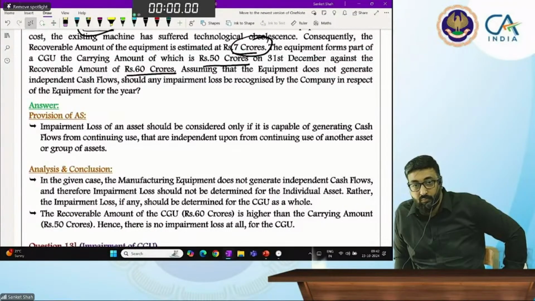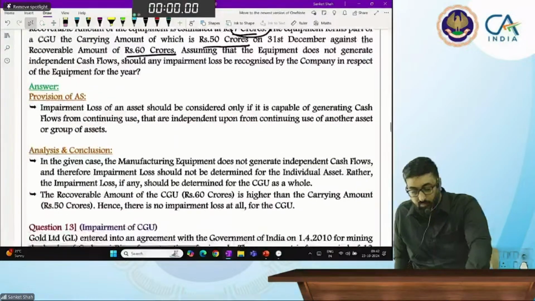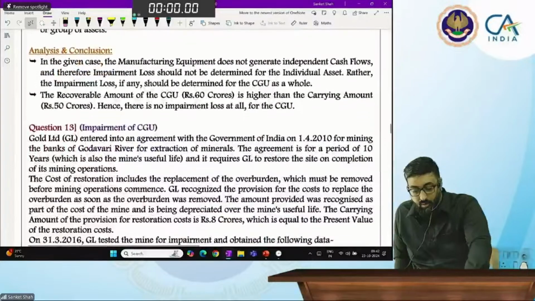Analysis conclusion: in the given case, the manufacturing equipment does not generate independent cash flows, and therefore impairment loss should not be determined for the individual asset. Rather, the impairment loss, if any, should be determined for the CGU as a whole. The recoverable amount of the CGU, rupees 60 crores, is higher than the carrying amount, rupees 50 crores. Hence, there is no impairment loss at all for the CGU. Very good, beta.